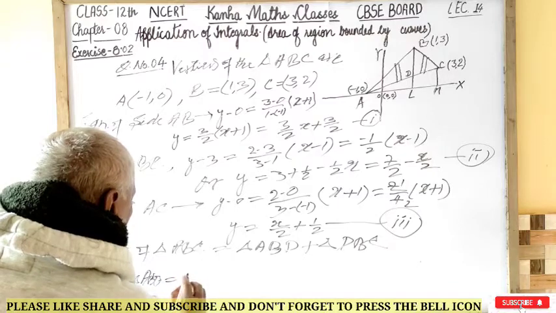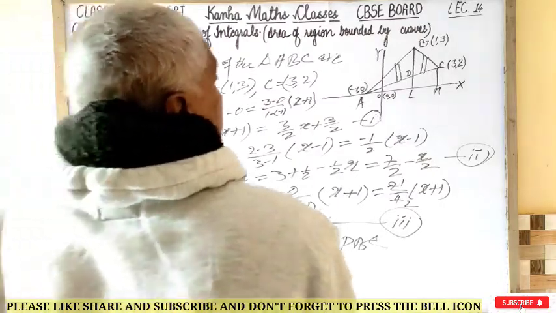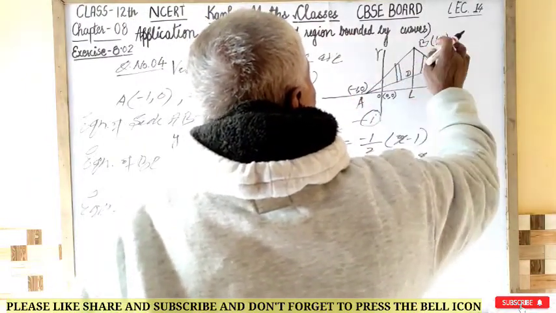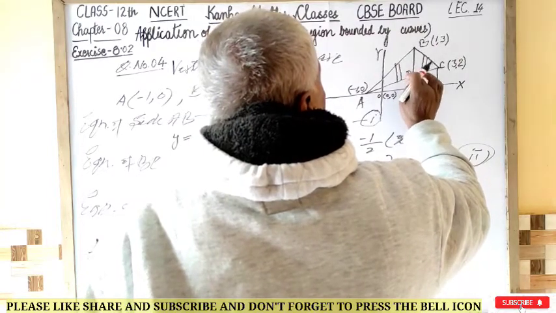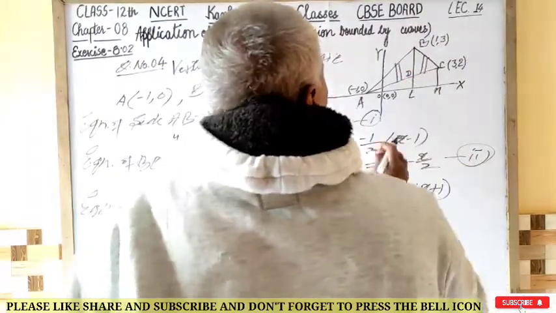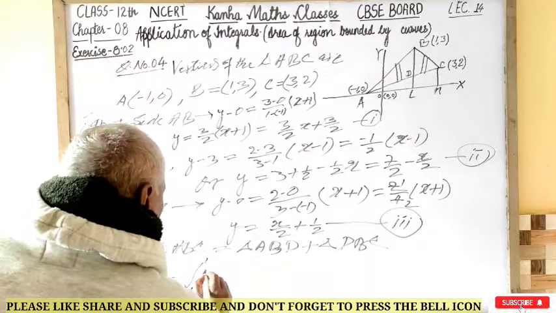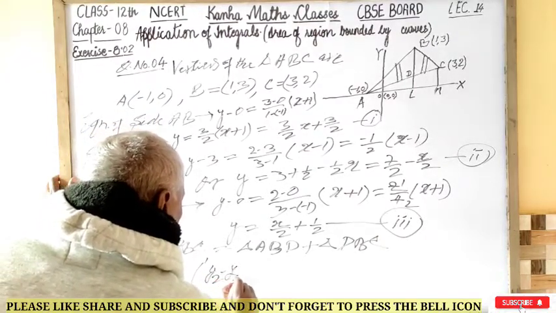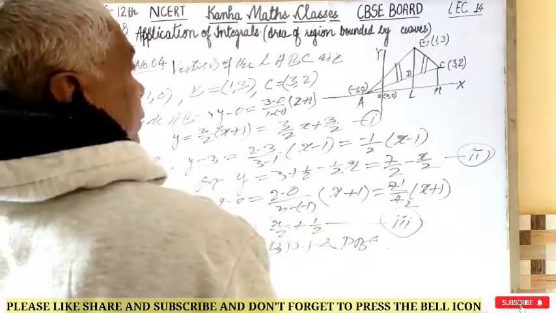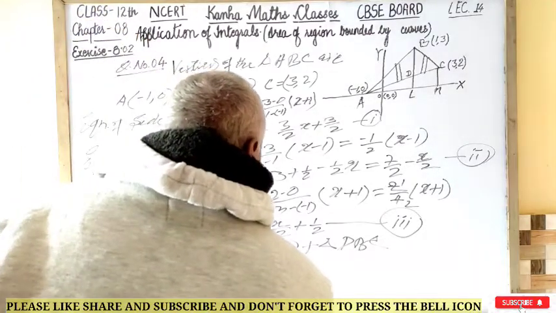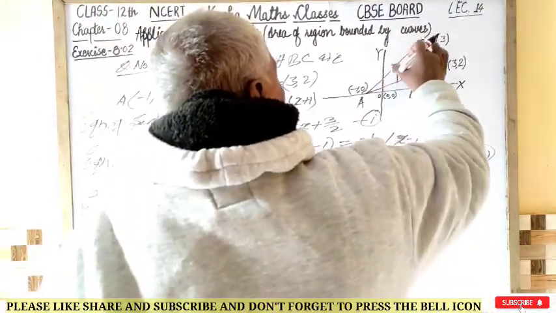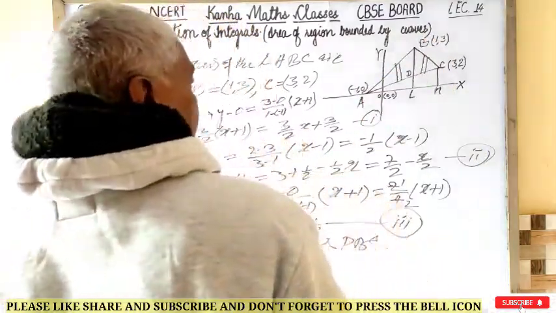The area of triangle ABD will be equal to the integral with limit minus 1 to plus 1, because this also has x coordinate as 1, minus 1 to 1 of y2 minus y1 dx. y2 means the value of y from the equation of side AB.